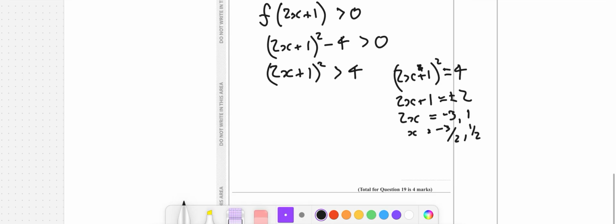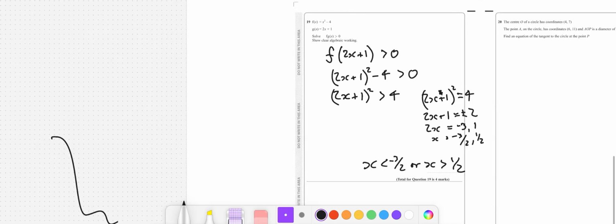And we've then got to work out when it is bigger than 4. So we want big negative number or a big positive number. So we want x to be less than minus 3 over 2 or x bigger than a half. Because we want it to be bigger than 4.